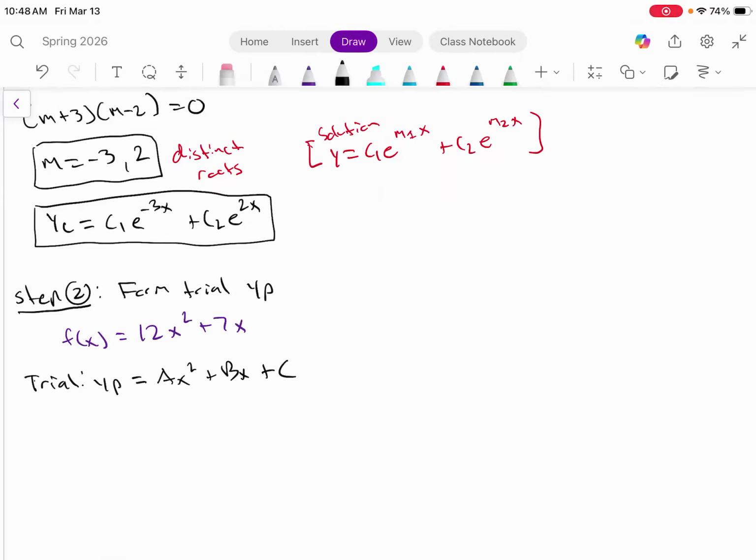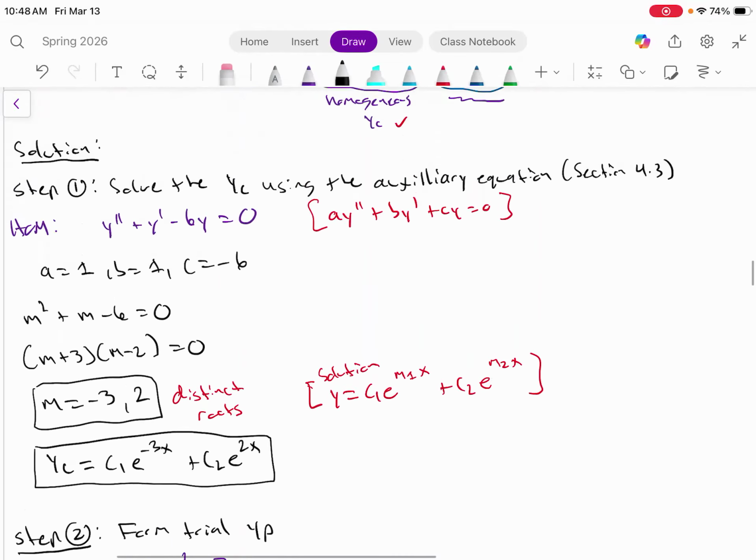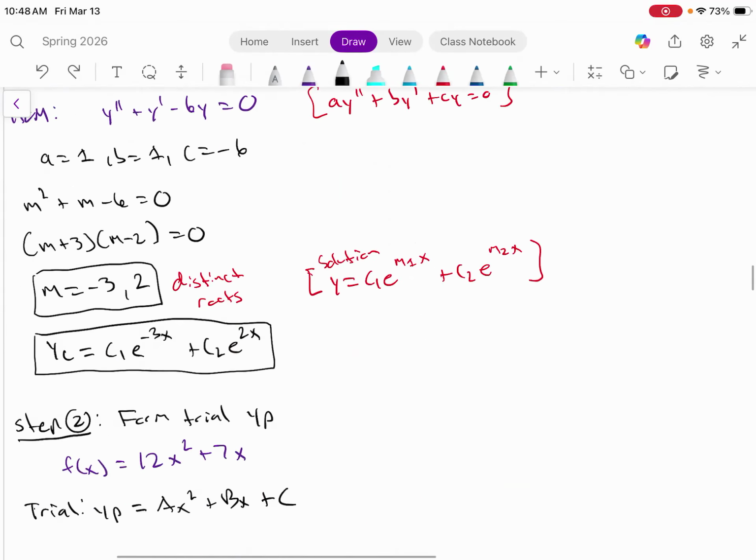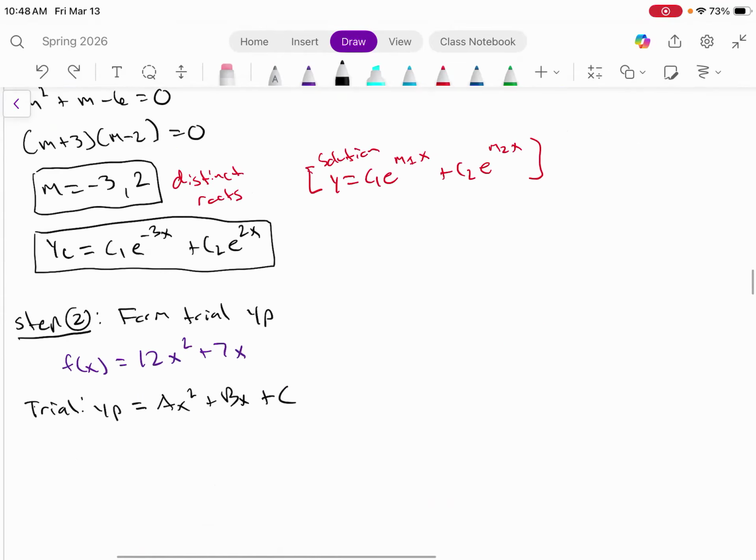The goal for this particular solution is that I need to figure out what A, B, and C are. I'm going to need to plug into the differential equation here. Think back to what we first learned in this course for verifying a solution: I need to plug it into that differential equation.